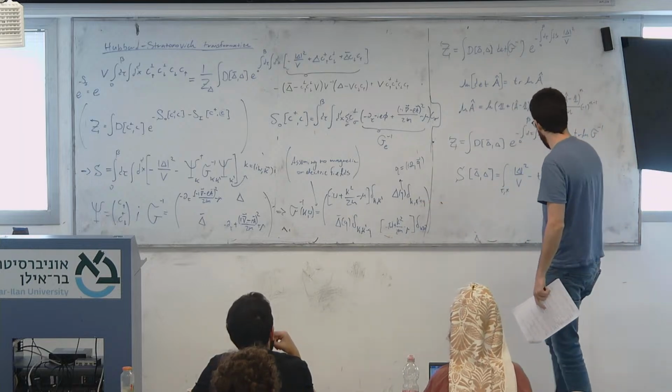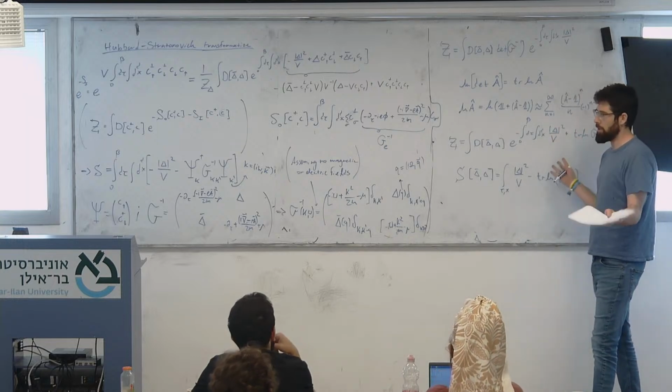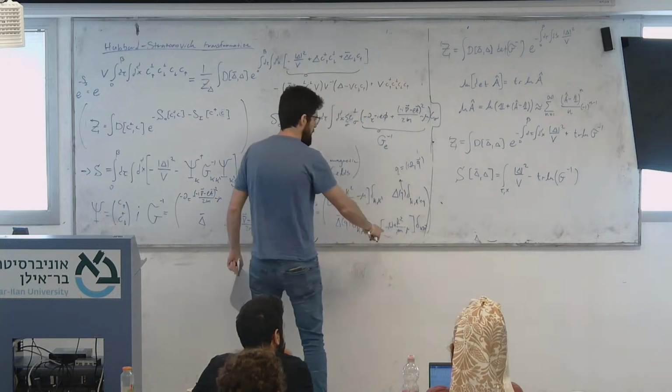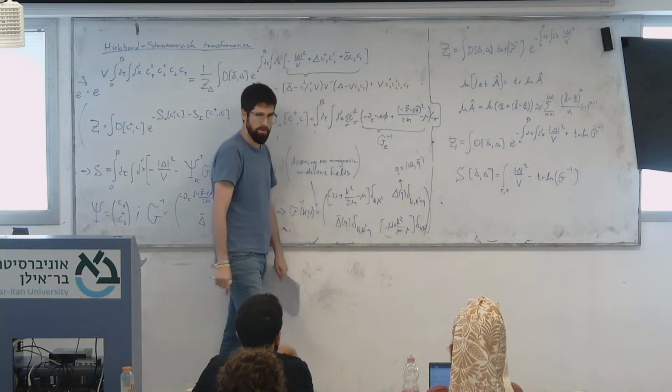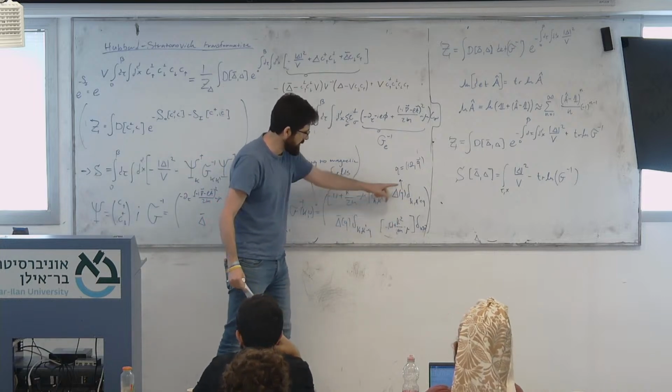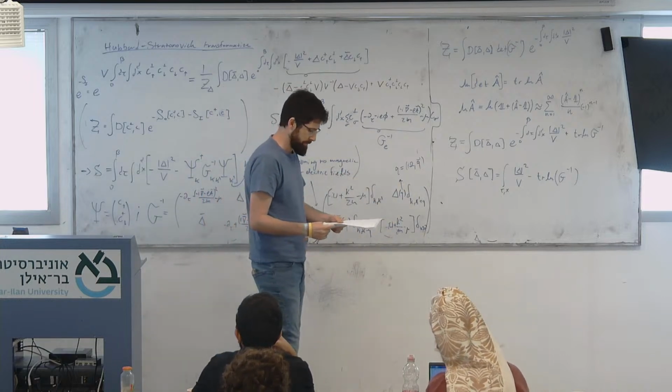But you understand that this G is basically a huge matrix. It's a matrix in the space of this particle-hole space, but also a matrix in terms of the K and K prime, which we define in this manner. Okay?